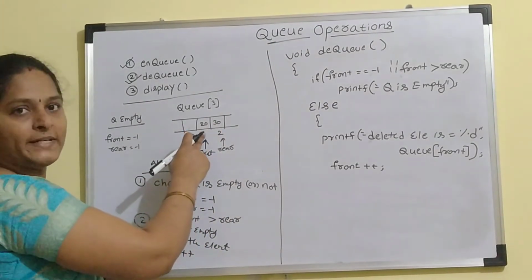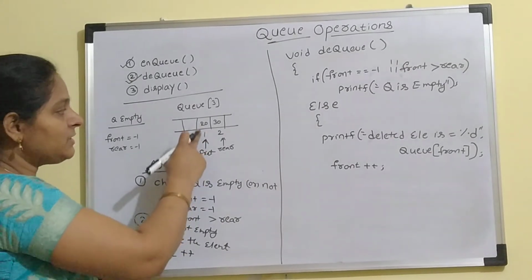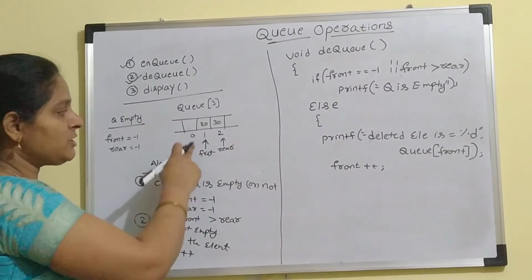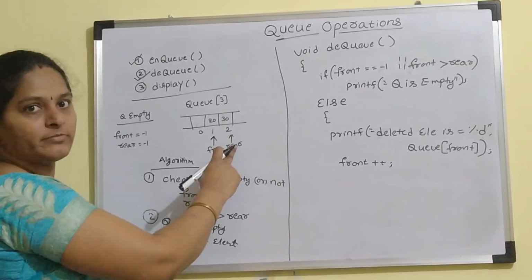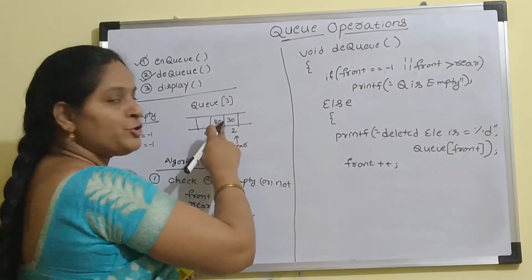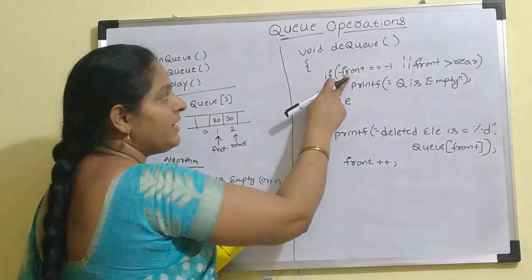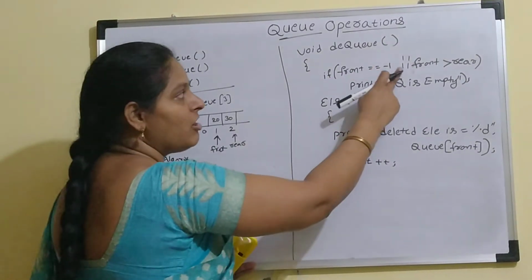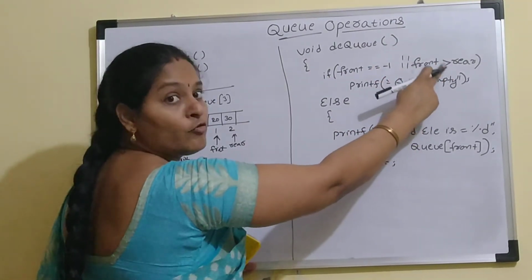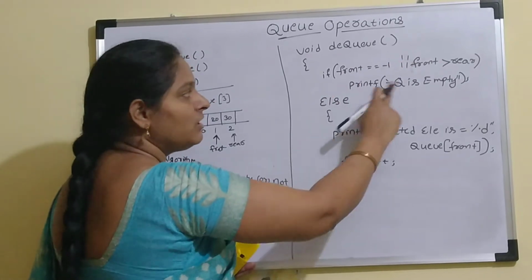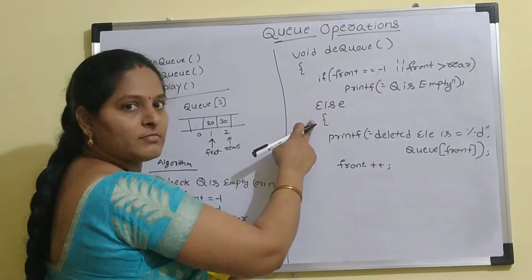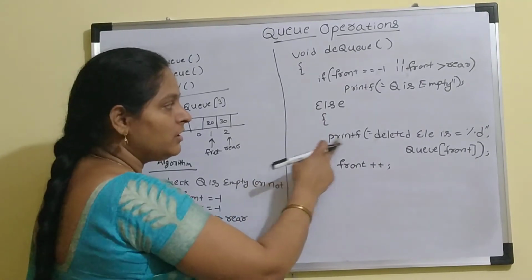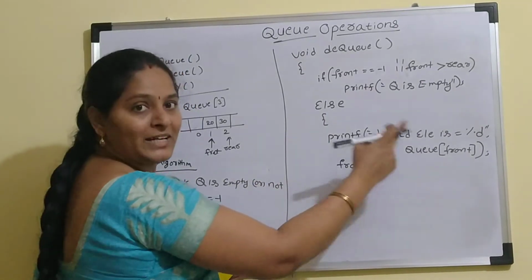Now see one more example. Now I want to delete 20. What are the positions of front and rear? Front is pointing to the first index, rear is pointing to the second index. Check the condition. Front is -1, false. Front greater than rear, false. If this is false, the queue is not empty. That means the else condition. Inside the else condition, we are deleting the front element.